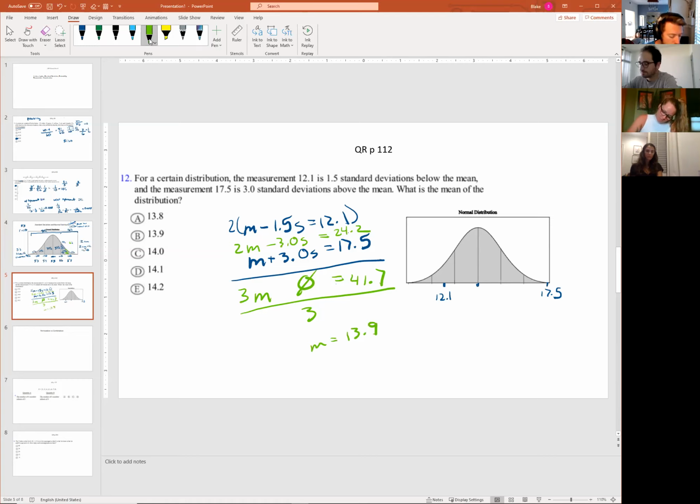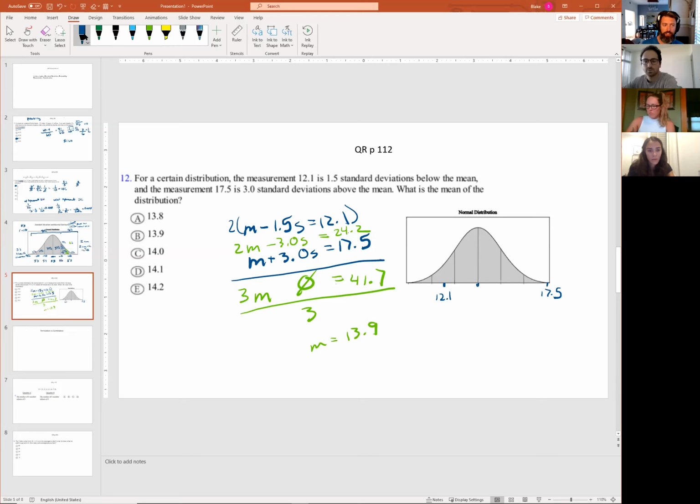And there's another way to do it too that I'll show you guys in a second, but I want to make sure everyone understands what we did here, because this was a little bit of a systems of equations question. So just to recap it, we said, okay, the mean minus 1.5 standard deviations is 12.1. The mean plus 3 standard deviations is 17.5.